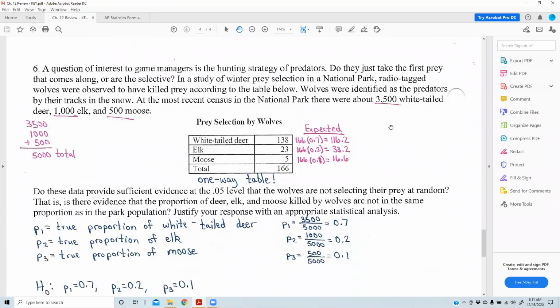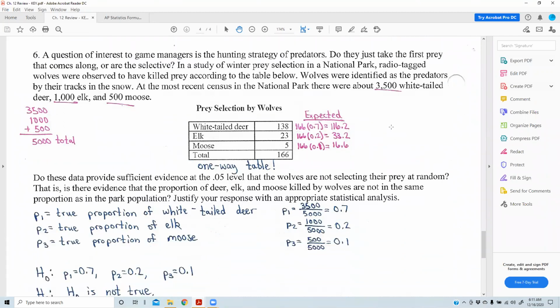And the last one. So we have some game managers wanting to look at hunting strategy for predators. In our case, it is mainly wolves.